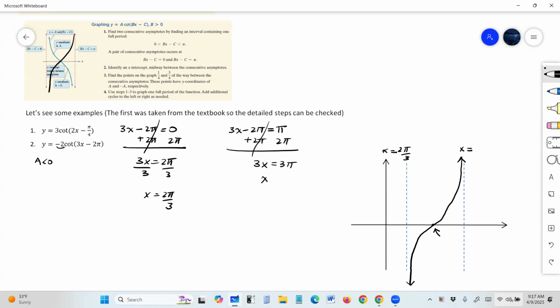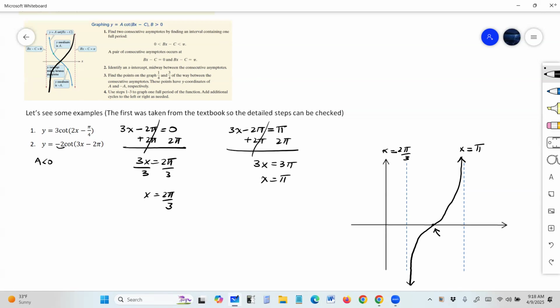And then we divide everything by 3 and we get pi. So one asymptote is 2 pi over 3. The other is pi. And now all I have to do is find the midpoint between the two, which would be the x-intercept.